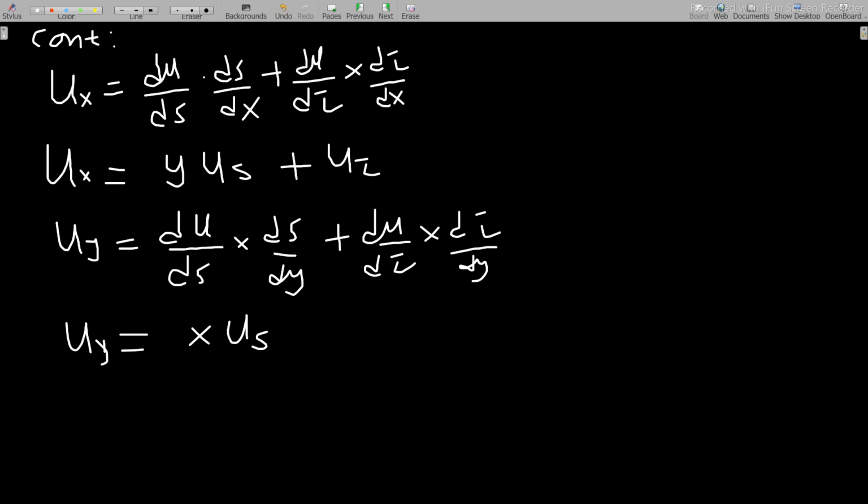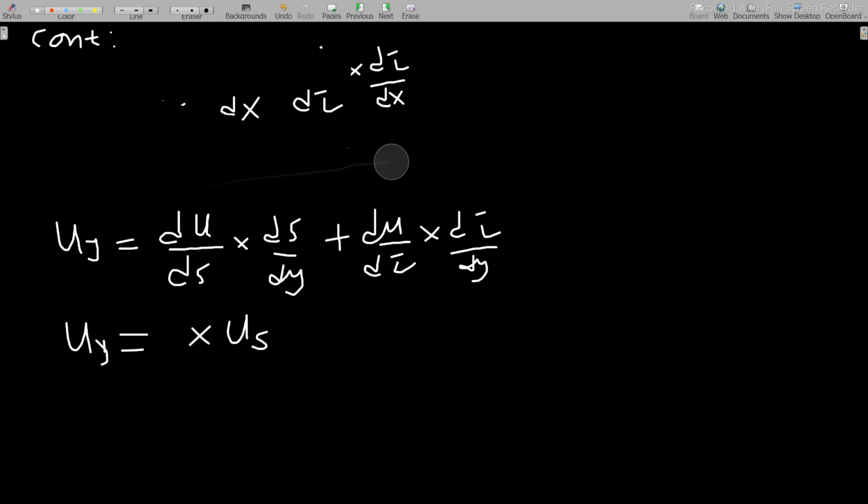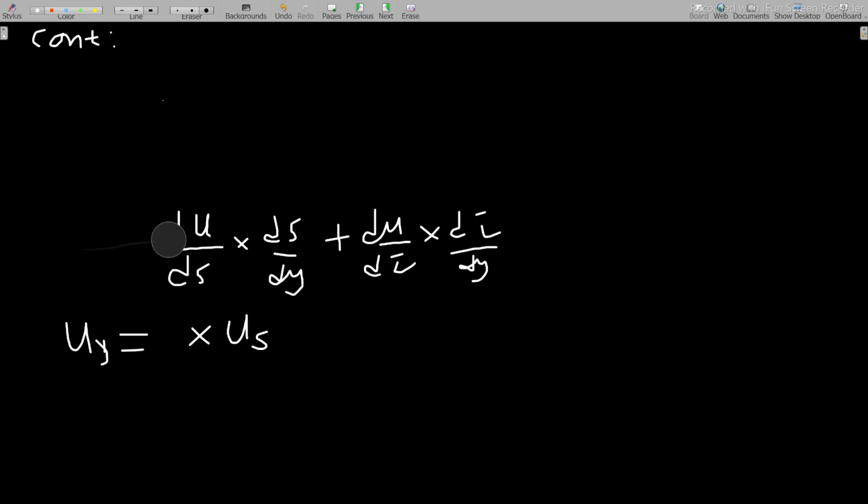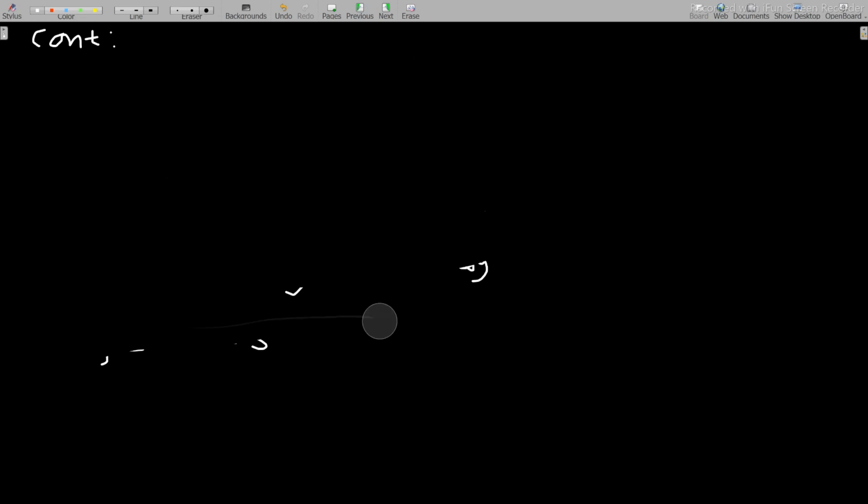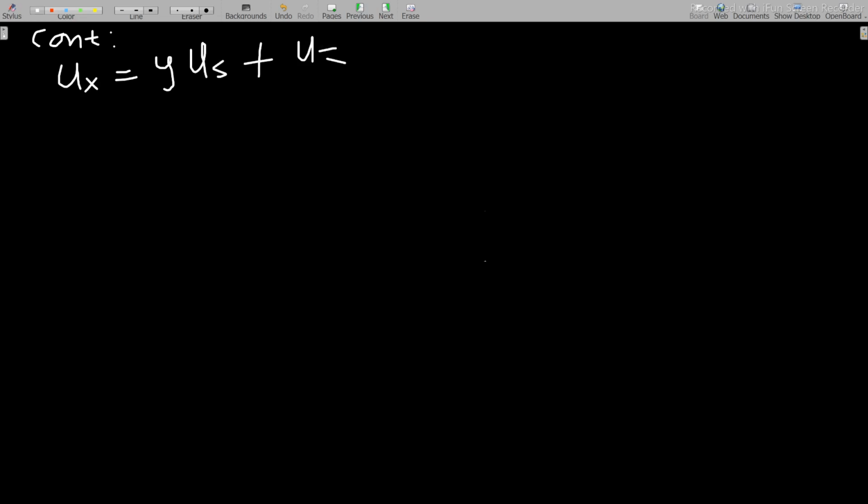So let's keep this in mind. I'm coming to write them at the top here so that we simplify our PDE in terms of them. After simplification, this will be very, very simple for us to solve. So I have my ux being equal to y us plus u tau, and my uy being equal to x us.